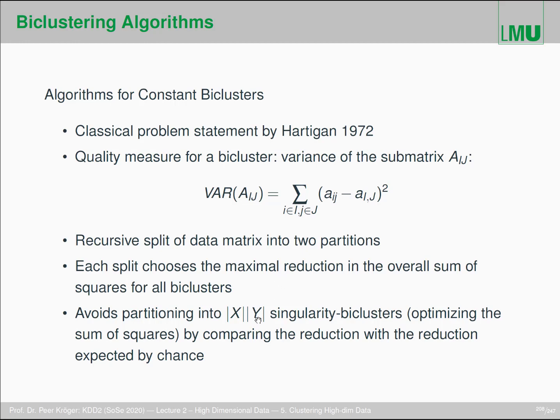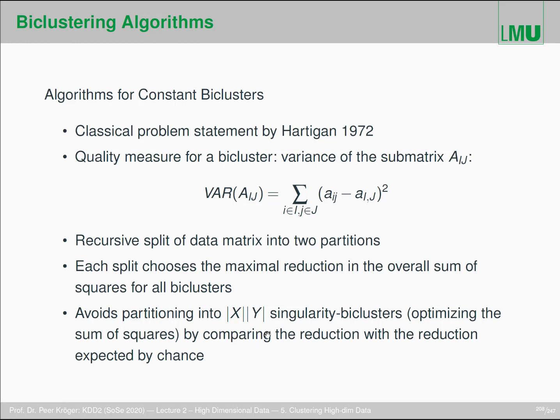And of course, you may overfit in terms of partitioning into singleton bi-clusters. Each row and each object pair is probably a perfect bi-cluster, which optimizes the sum of squares, but you can try to avoid that.